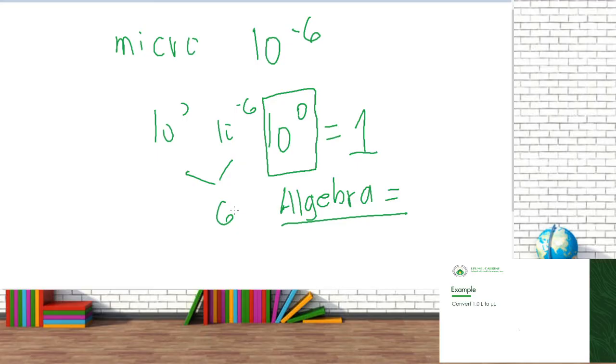We move the decimal places by the difference of the prefix. So if we have 1, then we have to move 6 decimal places: 1, 2, 3, 4, 5, 6.